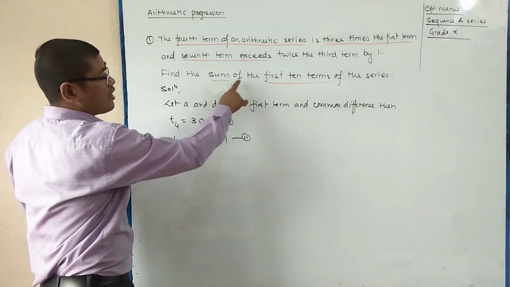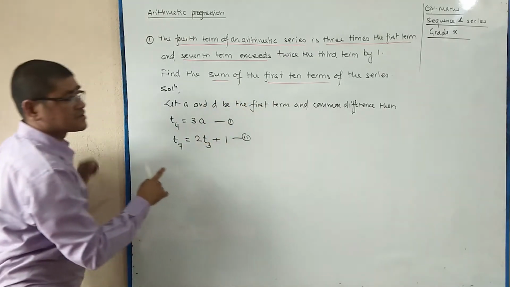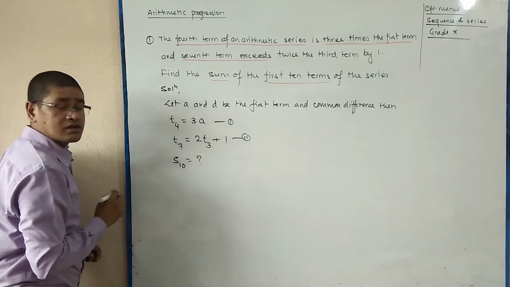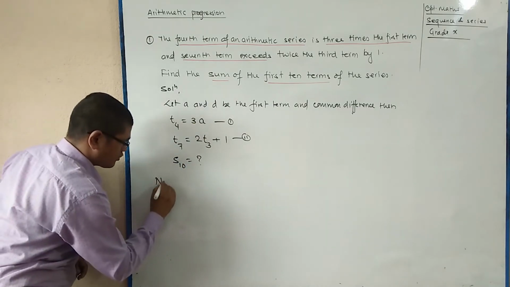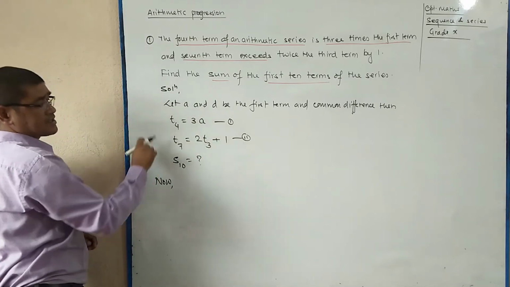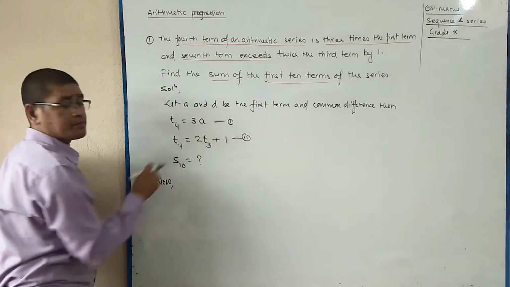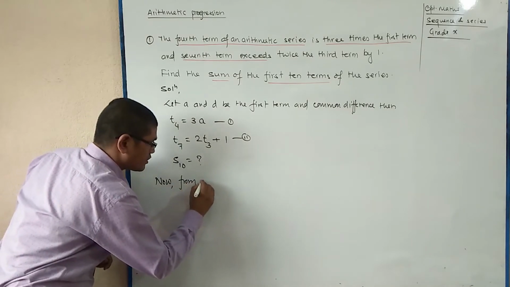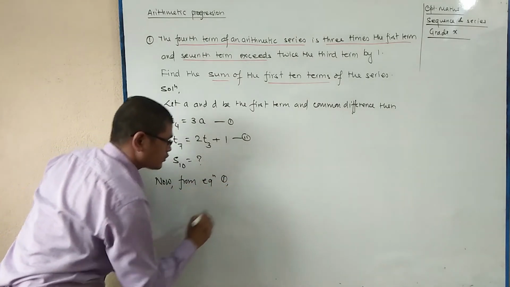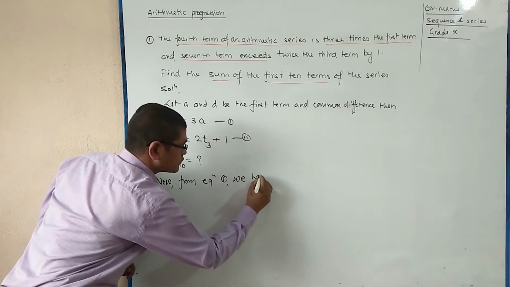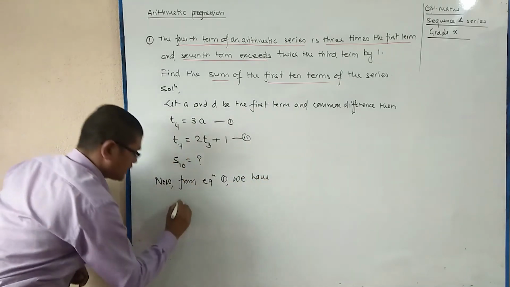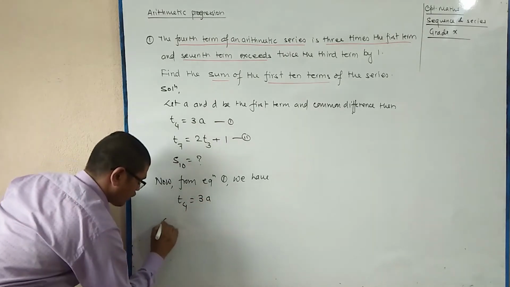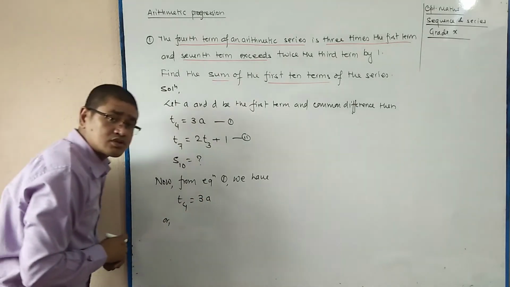Okay, and sum of first 10 terms, means S10 equals what? Now let's use the first equation here. Now from equation first we have T4 equals 3A, or in this case we have to use the formula directly.